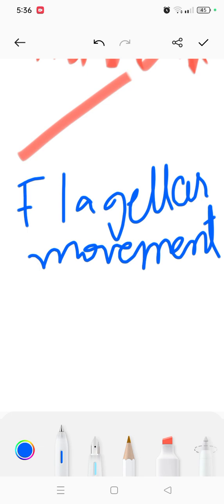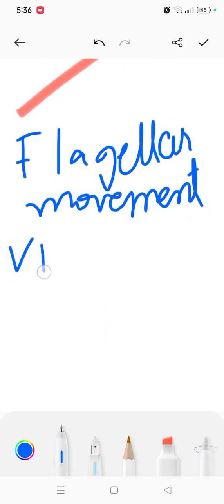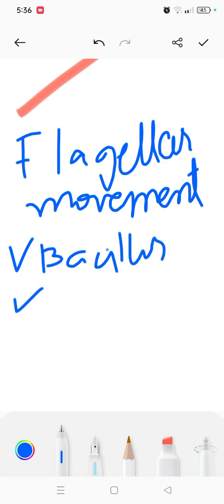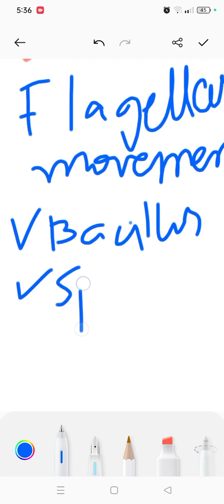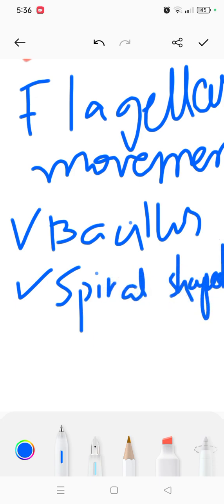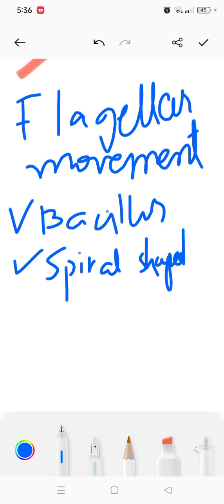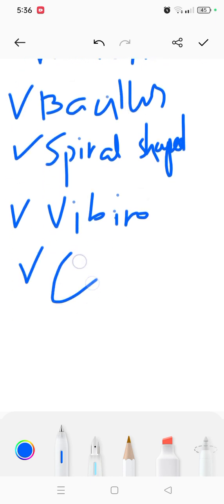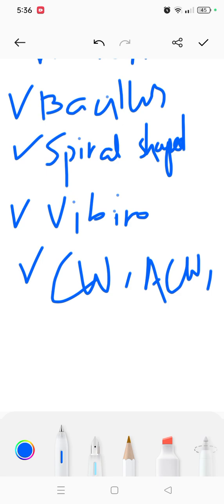Flagellar movement, which is seen in bacillus. And you will also see spiral shaped bacteria, and they have vibrio. They have a movement that's called clockwise and also anti-clockwise, spinning and moving.